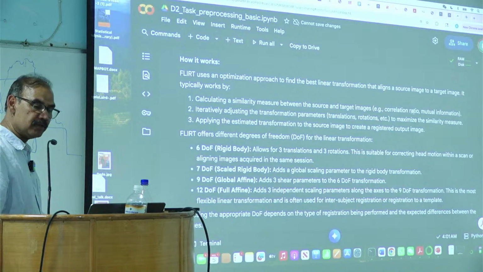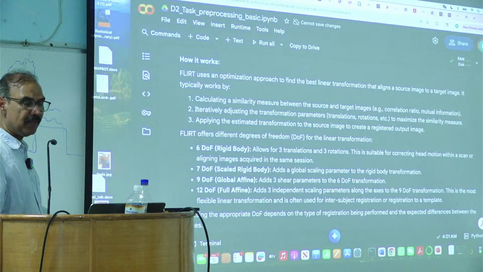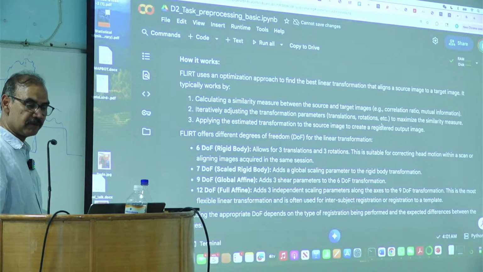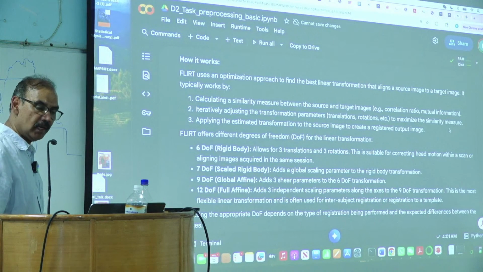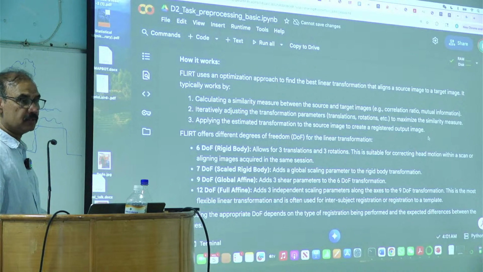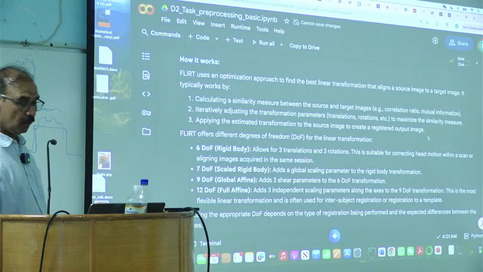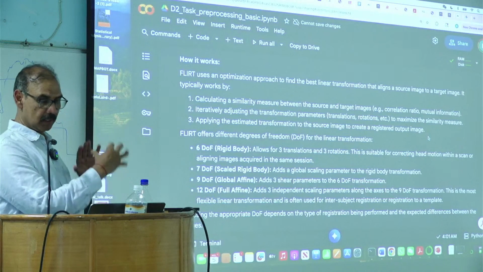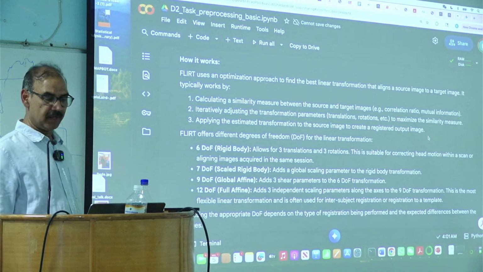It can be correlation ratio, mutual information, and then iteratively adjusting the transformation parameters, the translation and rotation, to maximize the similarity measure, applying the estimated transformation to the source image to create a registered output image. So as I said, it does this iteratively.